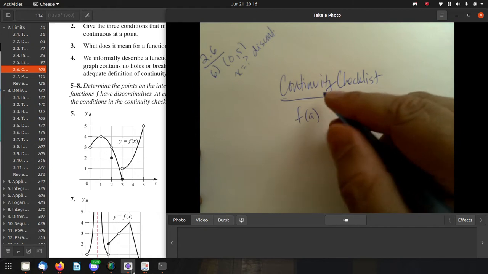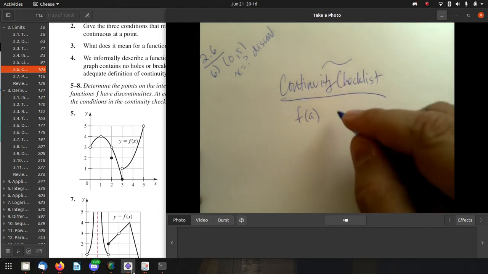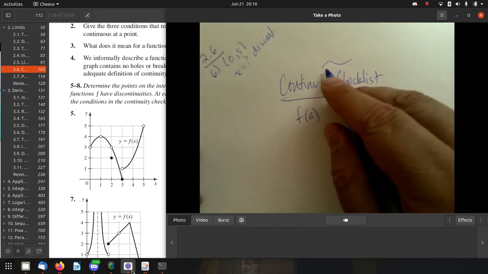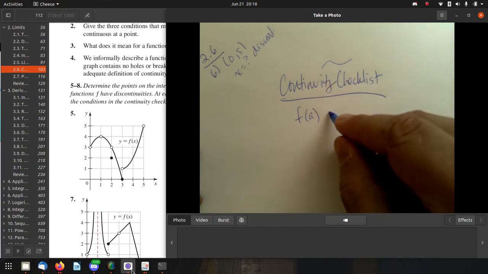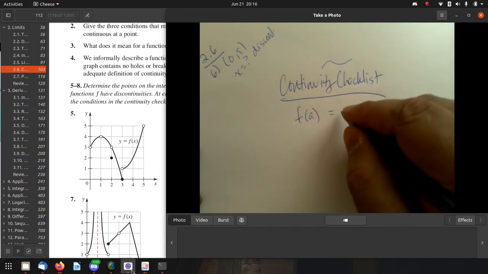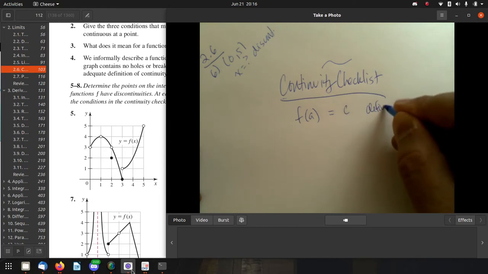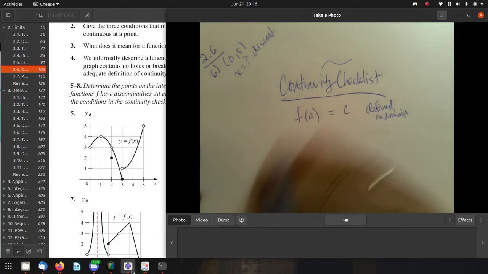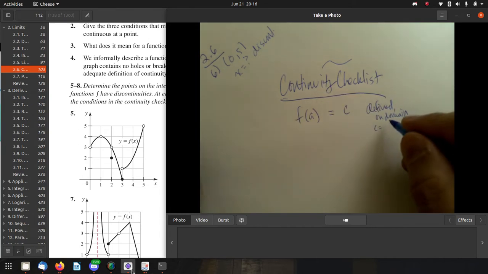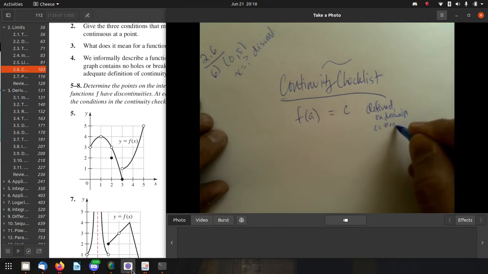First of all, something can't be continuous along an interval unless f of a is defined, or f of a equals some point c, where c is a number on the domain of f.